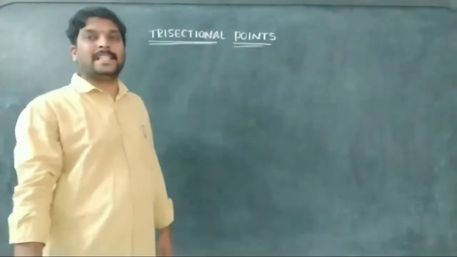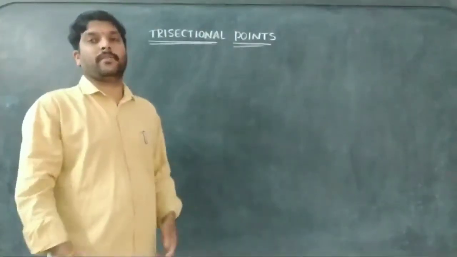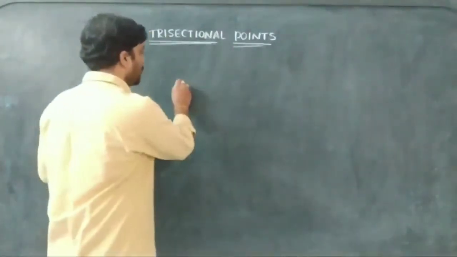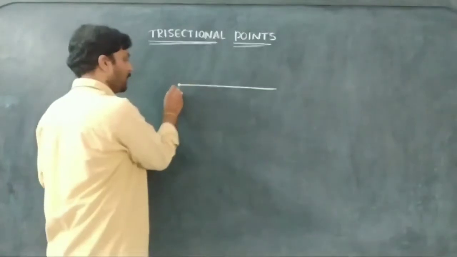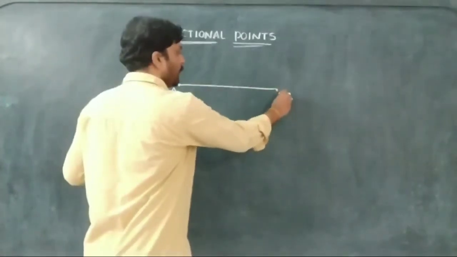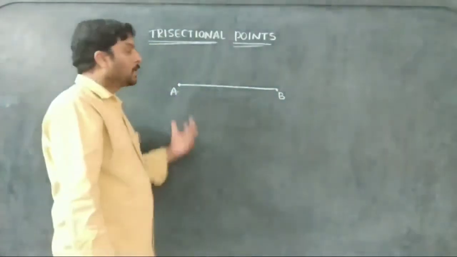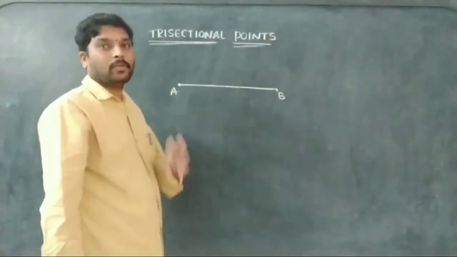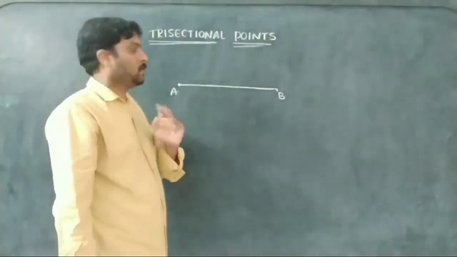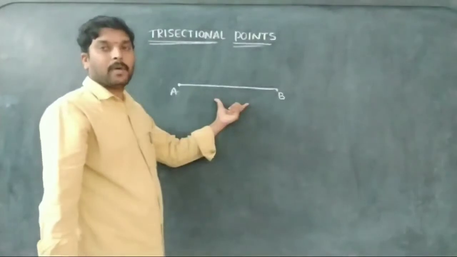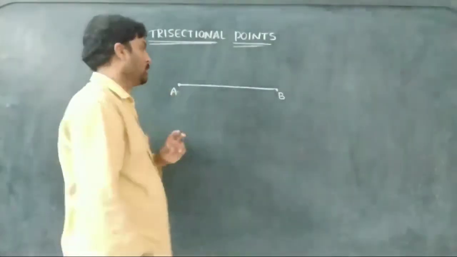Now, trisectional points are points of trisection. Here we have a line segment AB, and the line segment is divided into 3 equal parts.